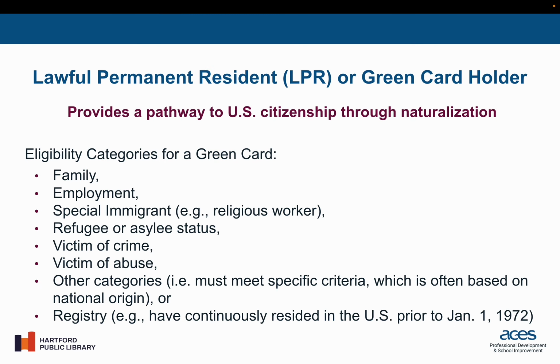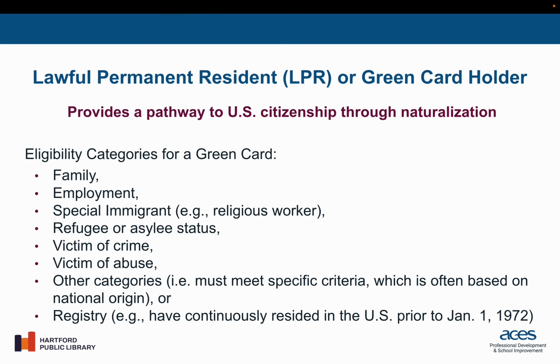We are now going to talk more about what it means to be a lawful permanent resident or green card holder. As a critical reminder, the status of green card holder is what provides people with a pathway to U.S. citizenship through the naturalization process. There are several categories to which a person may belong in order to be eligible for a green card.